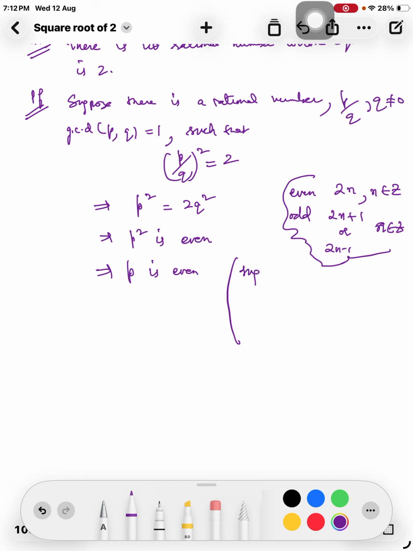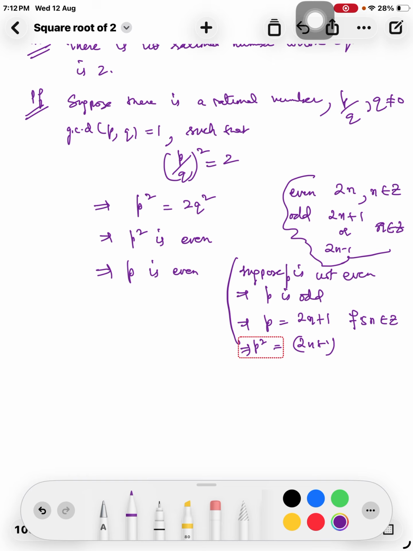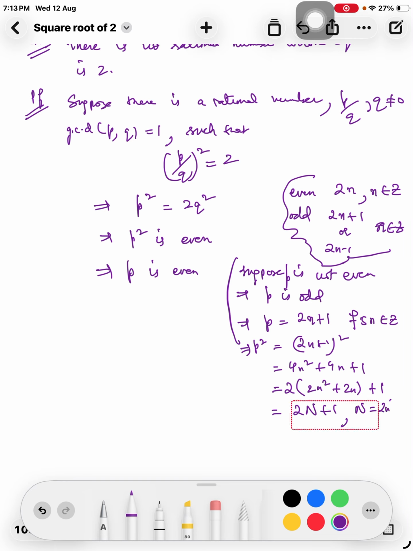Now suppose p is not even. If it is not even, the only option it has is that p is odd. That means p is of the type say 2n plus 1 for some integer n. So what will happen to p square? p square is equal to (2n plus 1) square, which is 4n square plus 4n plus 1, which is 2 times (2n square plus 2n) plus 1, which we can say is 2m plus 1, where m is what we have written for 2n square plus 2n, which is an integer.